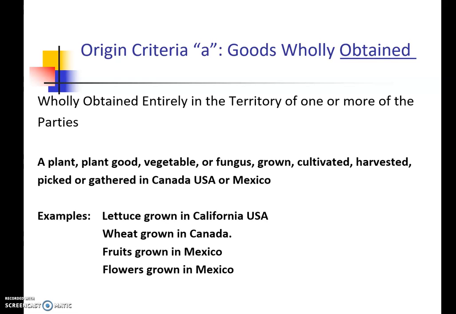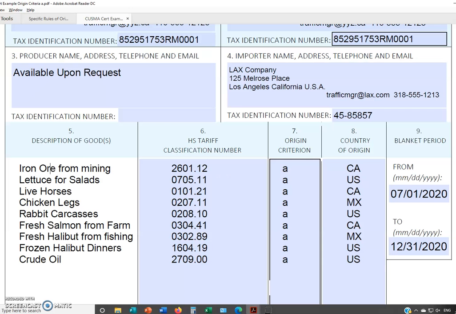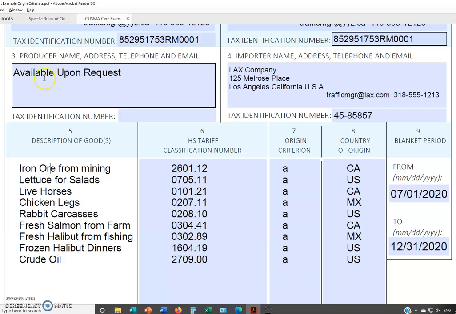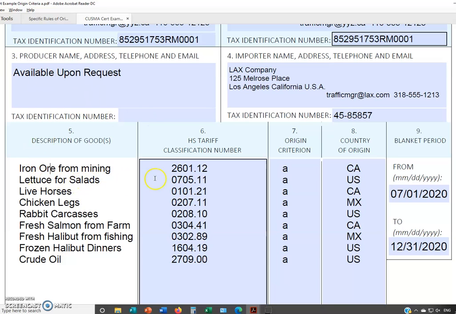So this is any plant, so it'd be fruit, vegetable, vegetation, flowers, trees, anything that's grown in Canada, United States, and Mexico automatically qualifies, and we can put it on the Canada-US-Mexico Agreement certificate.